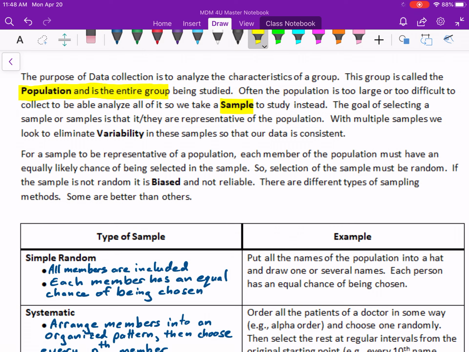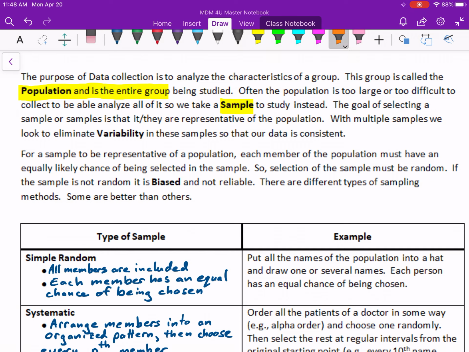So what I could do is take a sample. I could take a smaller group. I could ask certain people their idea, and if I design my study well, then this sample can represent the entire population. So the goal of selecting a sample is that it is representative of the population.